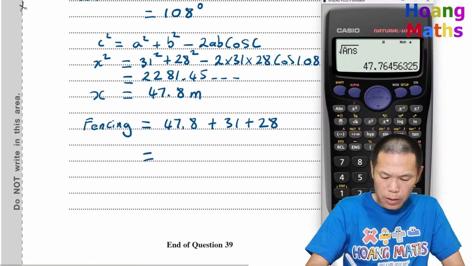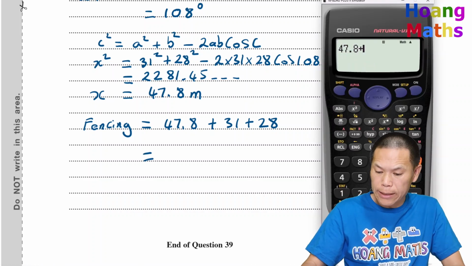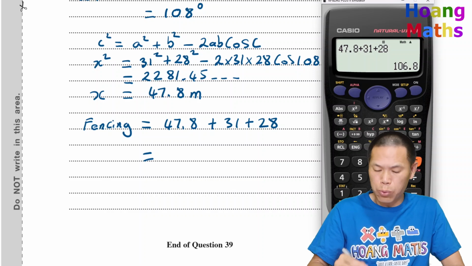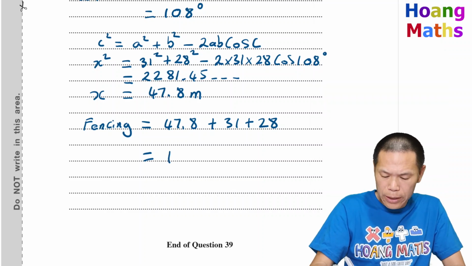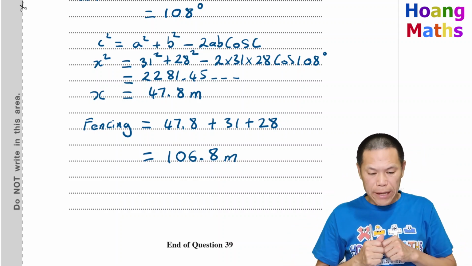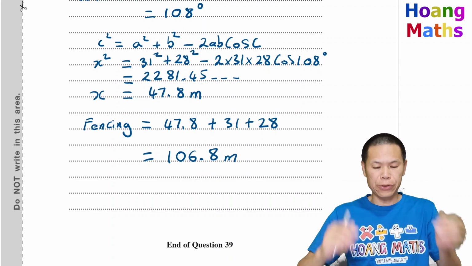So I just go 47.8 plus 31 plus 28. So there you go, 106.8 meters. The fencing is 106.8 meters.